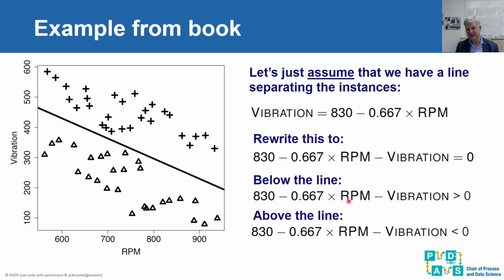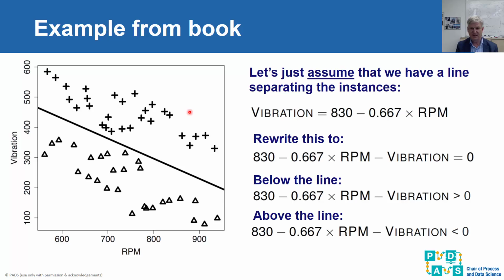If we take a low value for both, we have a positive value bigger than 0, and that corresponds to below the line. So below the line is positive. If we are above the line, that situation occurs if RPM and vibration are large numbers, then we will have a negative value, and if these large numbers are there, we are above the line.